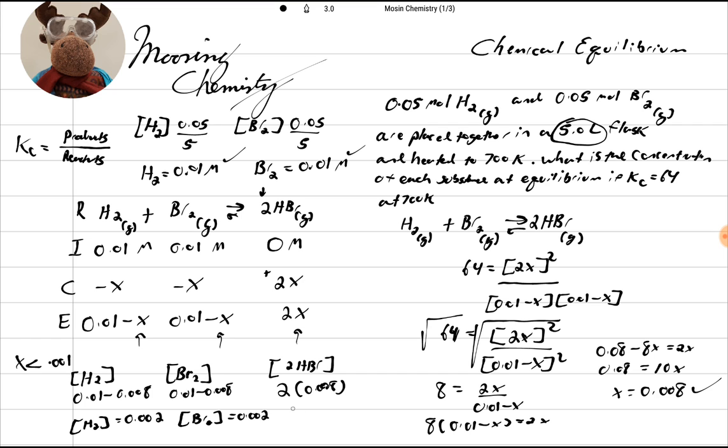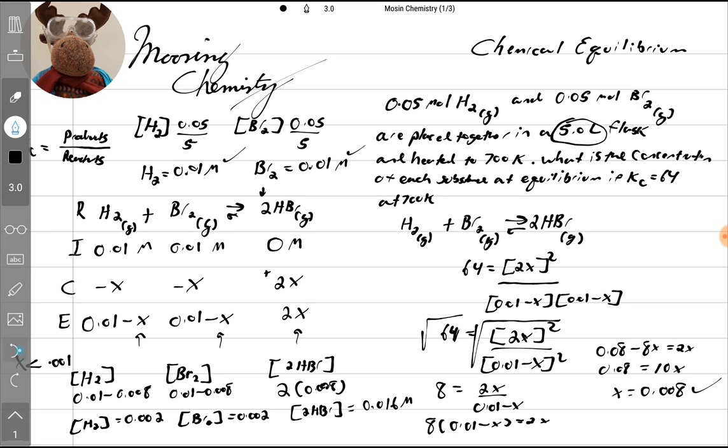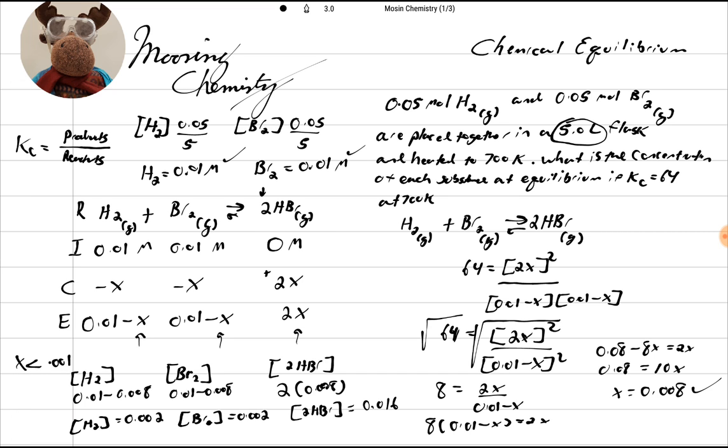And our 2HBr is equal to 0.016. And these, of course, have molarities with them, or they don't, we can just leave that out, not necessary. Okay, there we go. And you know what? That's it. Those are our answers.